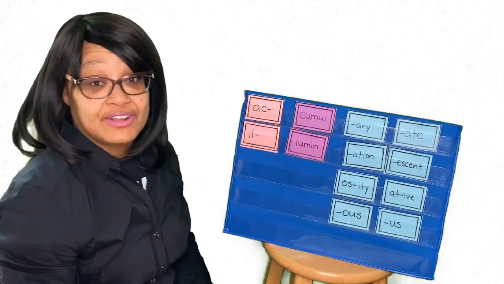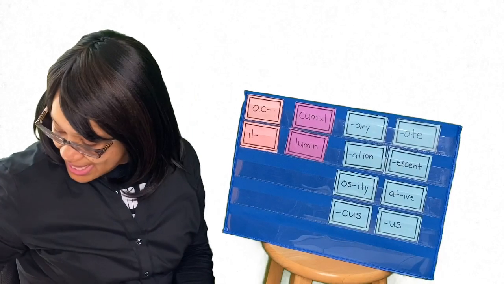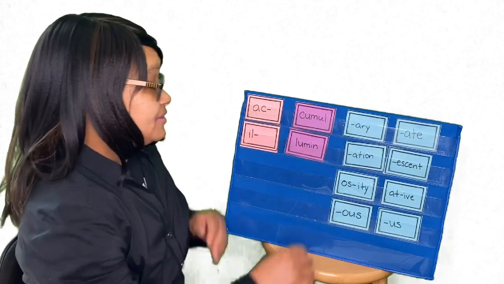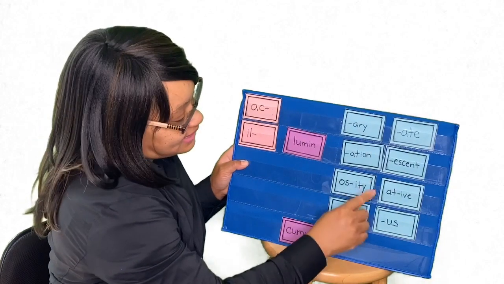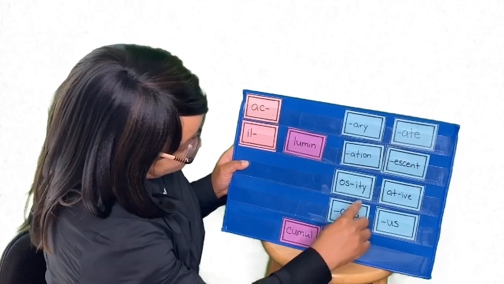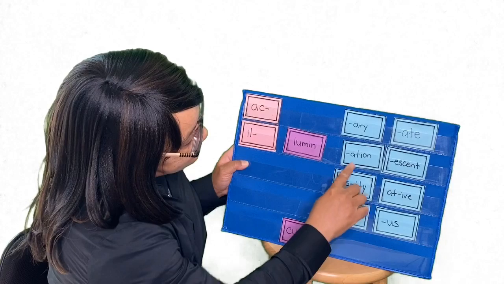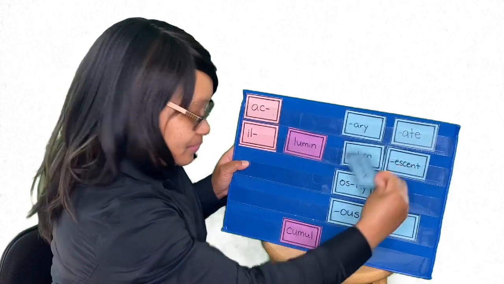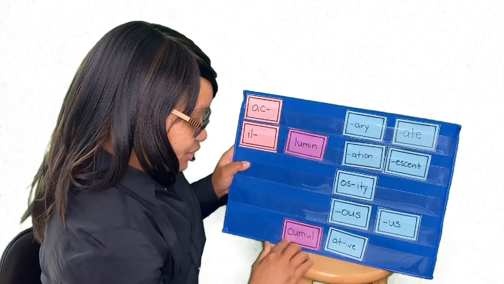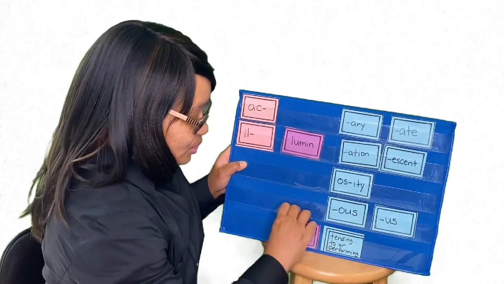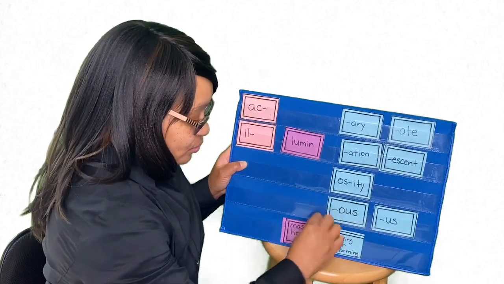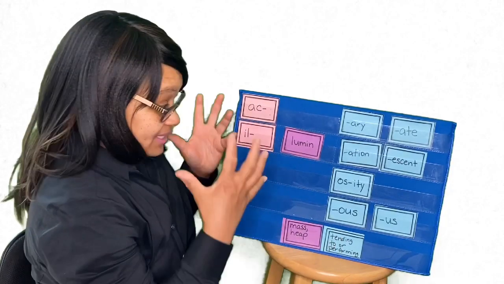Okay, now it's time for us to make some words. Let's make cumulative. Cumulative. And that is tending to or performing in mass or heap.